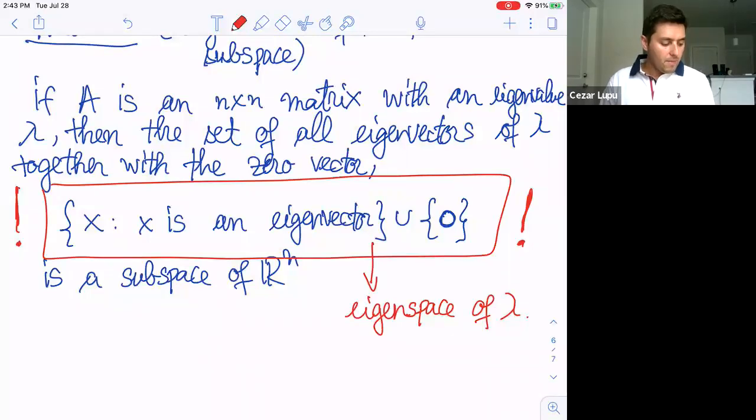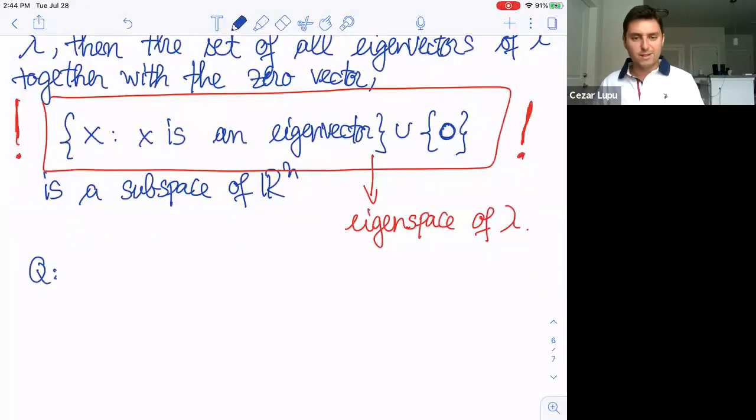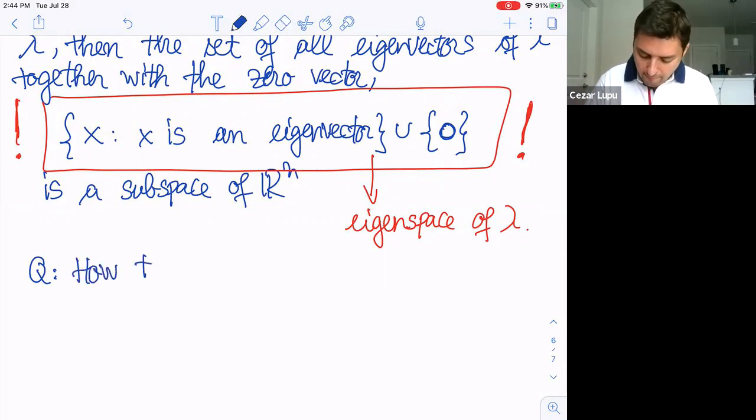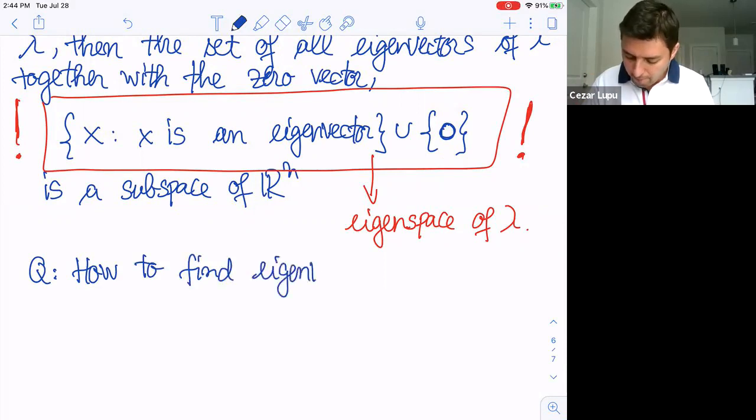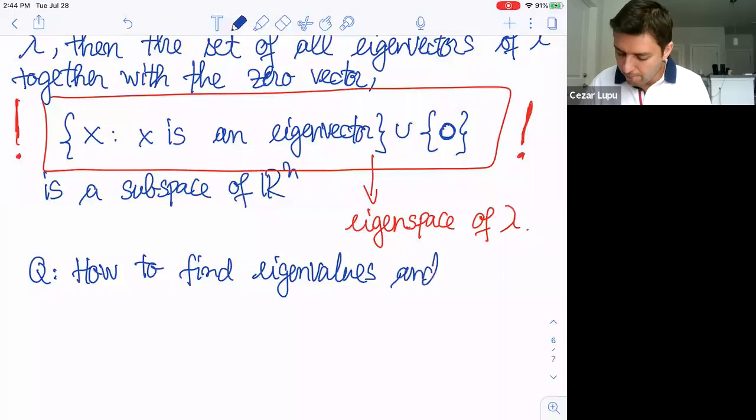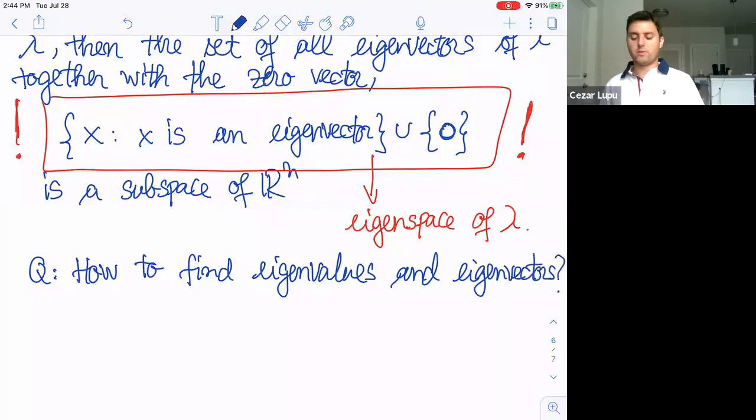All right, and now, before I even give you the theorem, how to find the eigenvalues and the eigenvectors, or maybe, yeah, actually I should do it. Let me answer this question since I don't want to go around the bush too much. Let me stick to the point. We want to answer this question: how to find eigenvalues and eigenvectors.